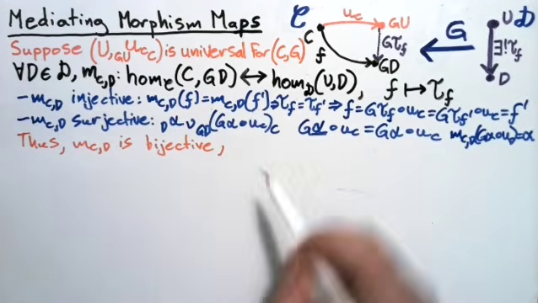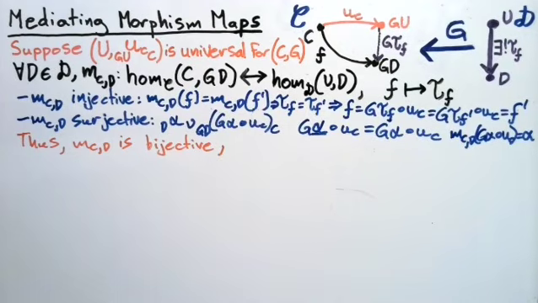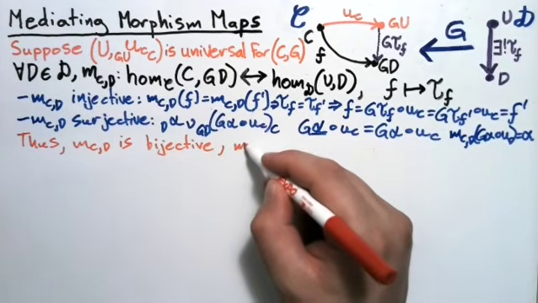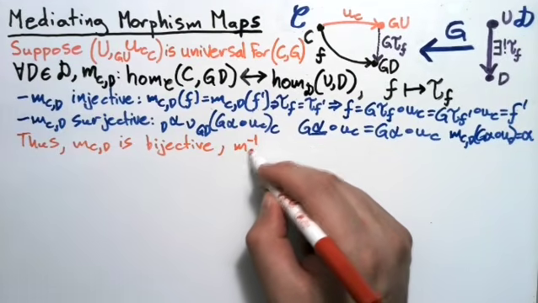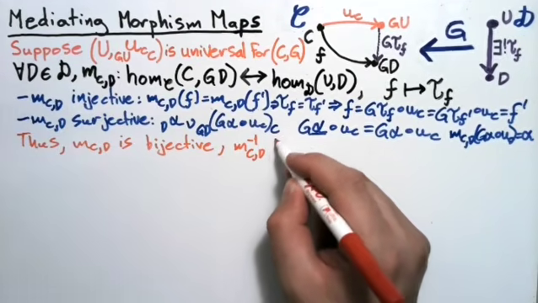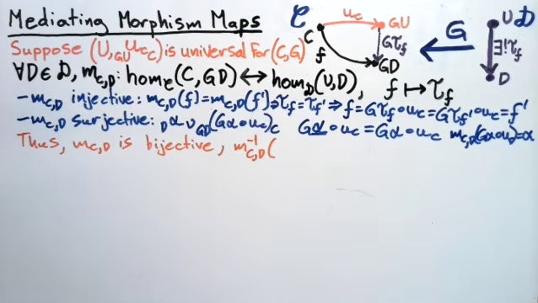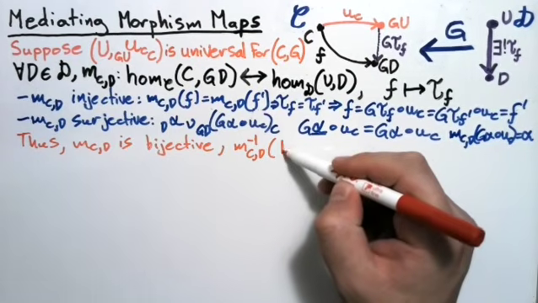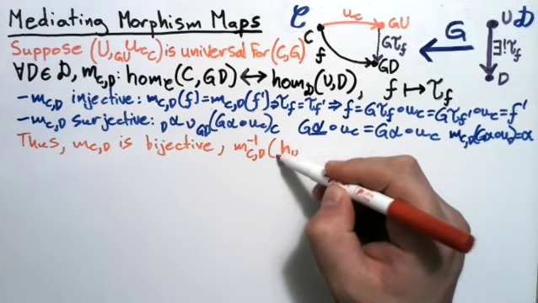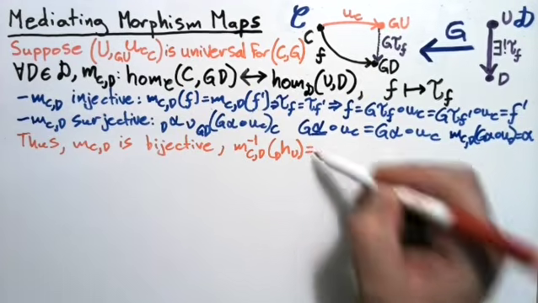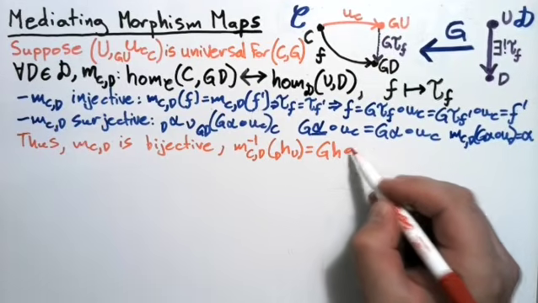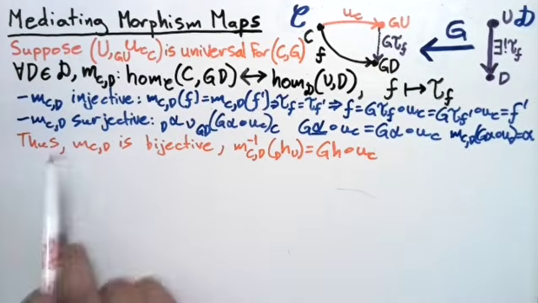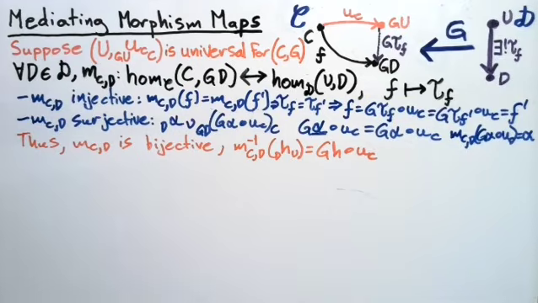And we know that the inverse is given by this, right? So the inverse of MCD applied to, say, some H going from U into D is just going to be given by GH after UC, right? That's what we showed here when we showed it was surjective.